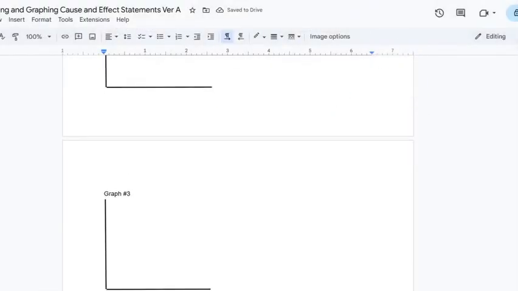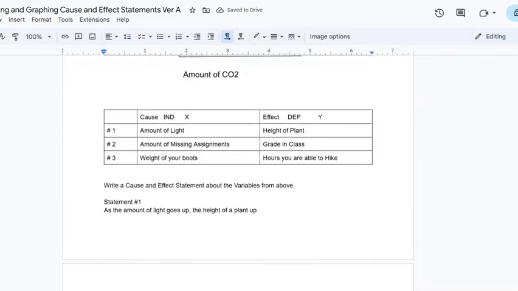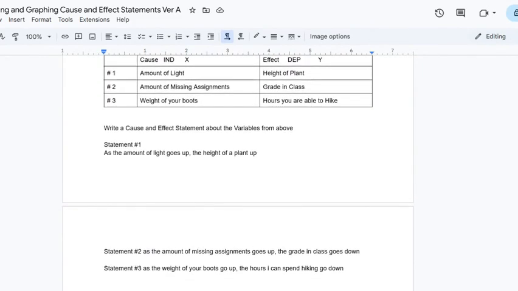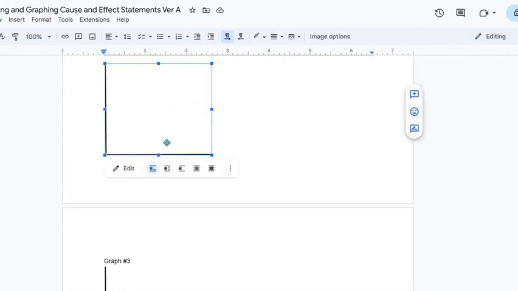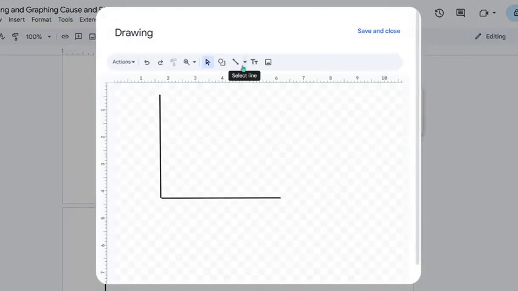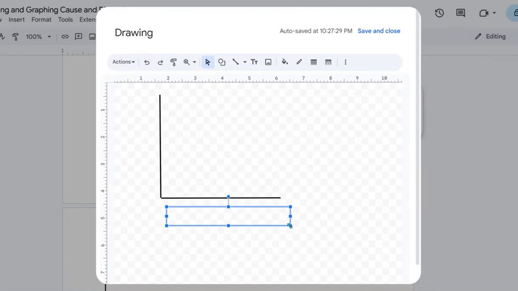All right. Now we're going to go through and graph these other two. As the amount of missing assignments go up, my grade in the class goes down. This one right here is going to be my number of missing assignments.